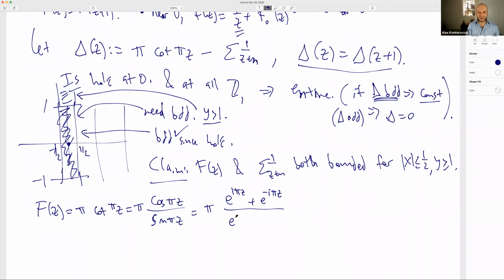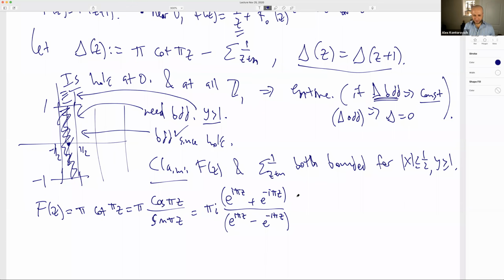Sine is e to the i whatever minus e to the minus i whatever over 2i. So I think all I have to do is put an i there. Now I'm going to do something slightly funny, maybe, which is just to multiply. All we have to do is simplify this slightly and use the fact that x is not doing anything and y is at least 1, and we should be in good shape.